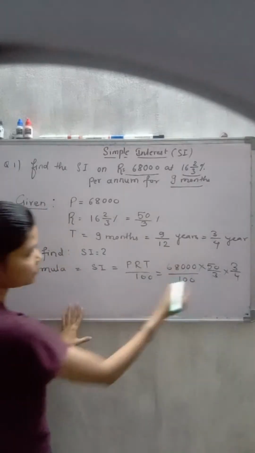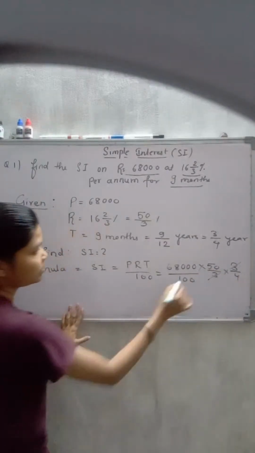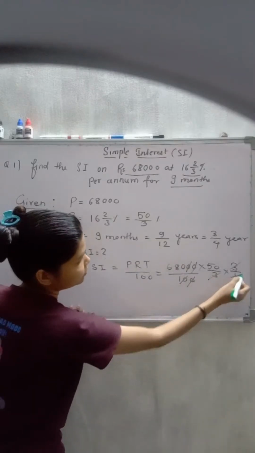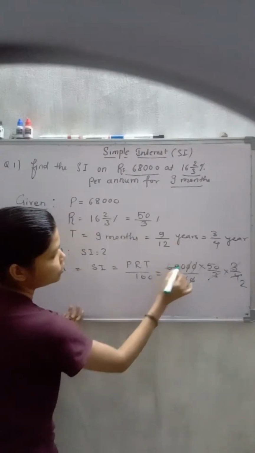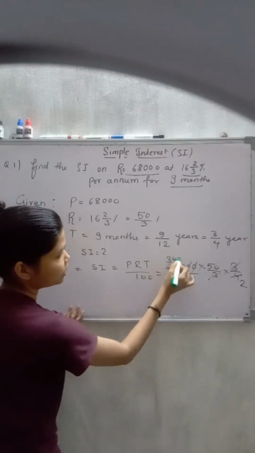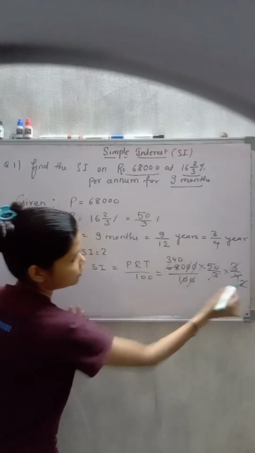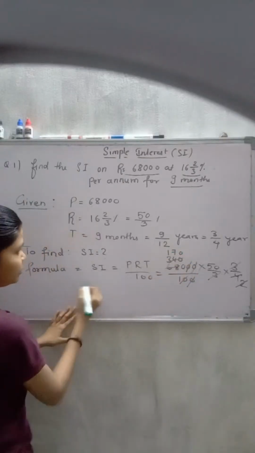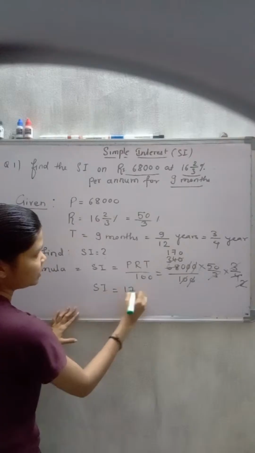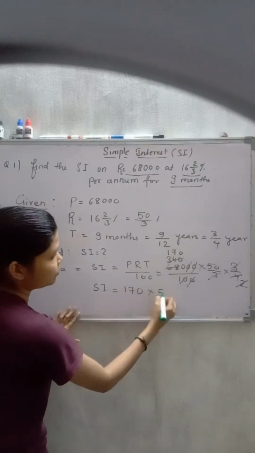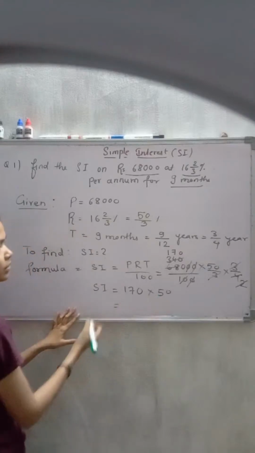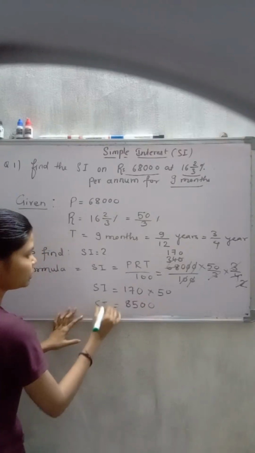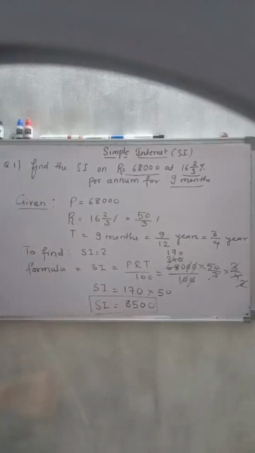Okay, so let's solve. 3 cancels out. 1, 2, 1, 2 zeros cancel out. 2 2s are 4, 3 4s are 12, 4 7s are 28, 40. 2 1s are 2, 1s are 2, 7s are 40 and 0. So SI will be 170 into 50. 17 5s are 85 and this 20. So the SI is 8500.